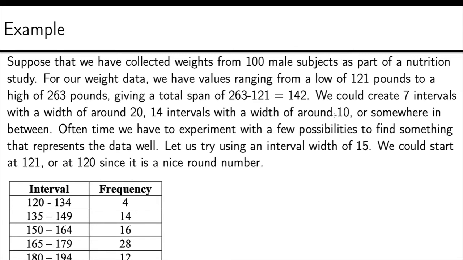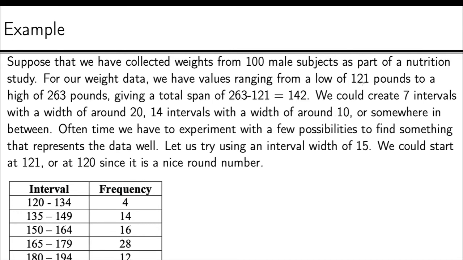So you can try out different numbers of class intervals and then decide from there. In fact, using computer software, you can quickly see what different class interval sizes and numbers would look like. We're going to use an interval width of 15 here. We're going to start at the lowest number we want.